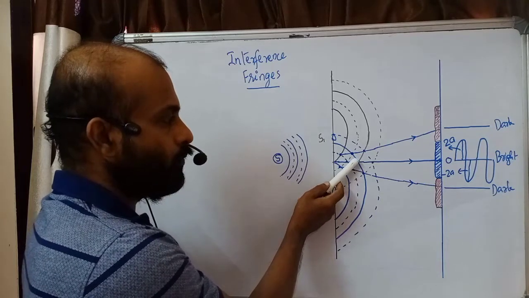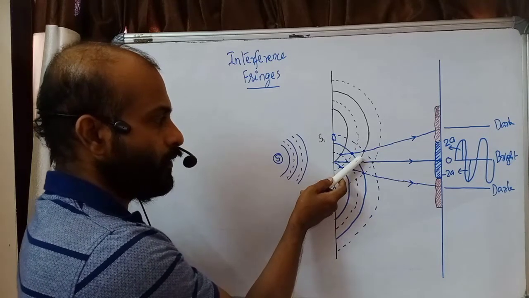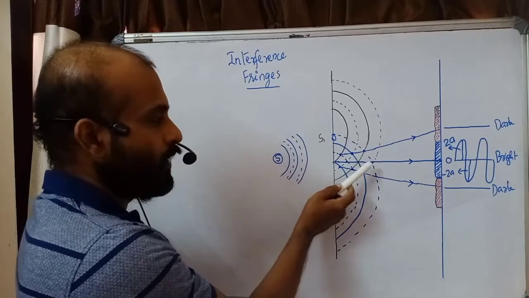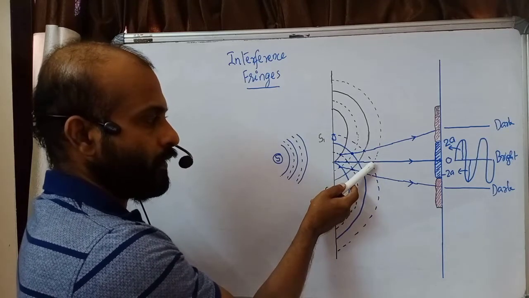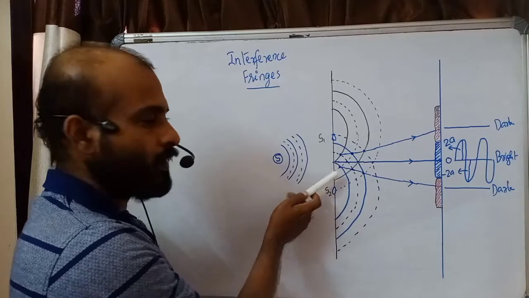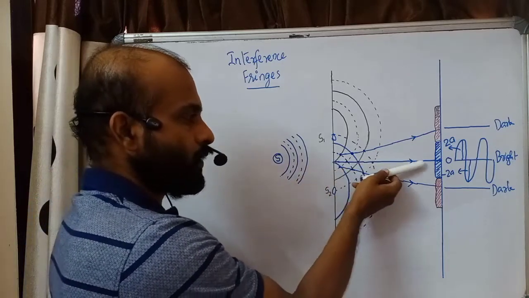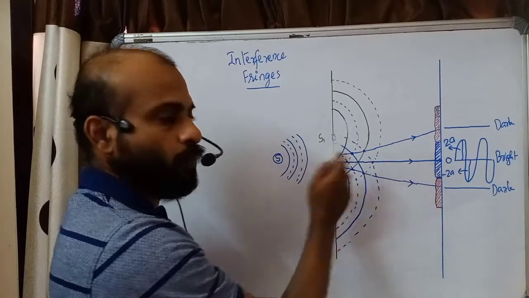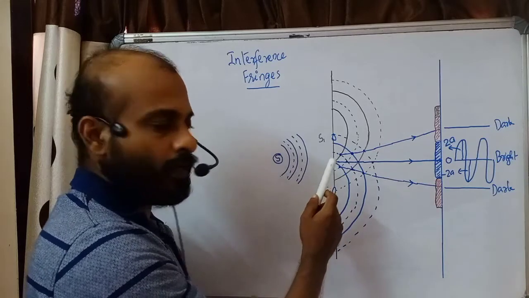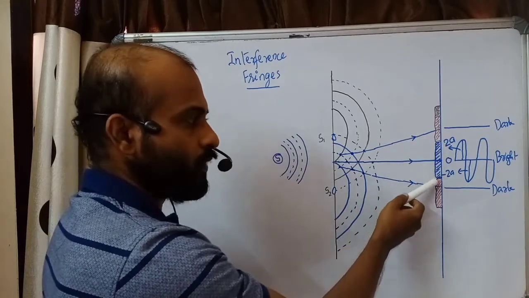Here you can see the blue bold line meet with the black bold line. Again the dotted lines meet here. So this corresponds to constructive interference. At this point on the screen we have a bright spot, a bright patch of light visible on the screen.